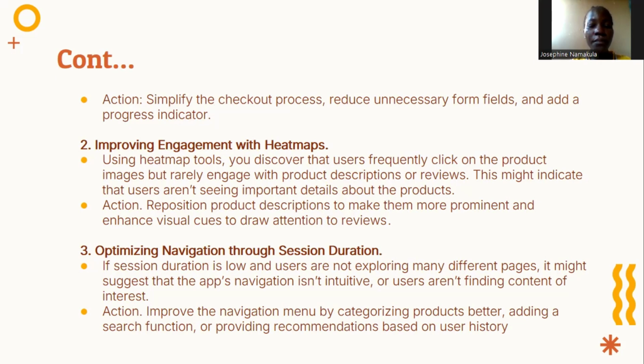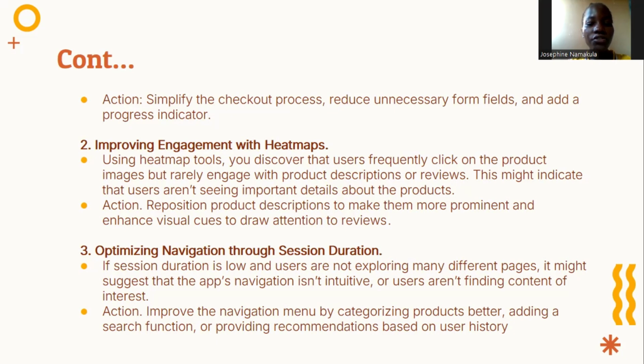Two, there is improving engagement with heat maps. Using heat map tools, you discover that users frequently click on the product images but rarely engage with the product descriptions or reviews. This might indicate that users aren't seeing important details about the products. The action which can be taken is to reposition product descriptions to make them more prominent and enhance visual cues to draw attention to reviews. The third is optimizing navigation through session duration.